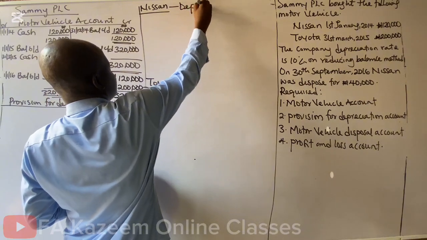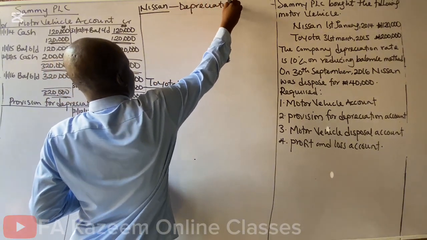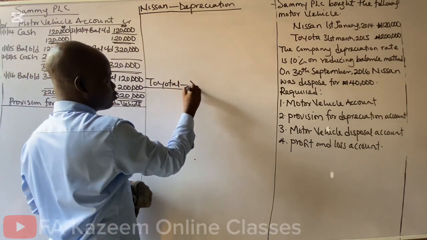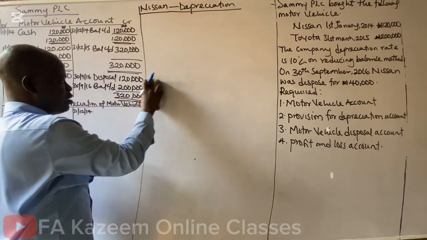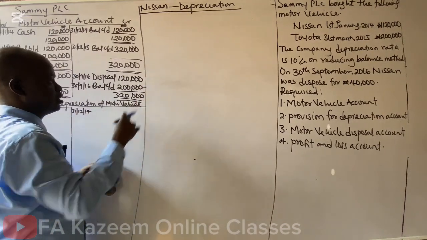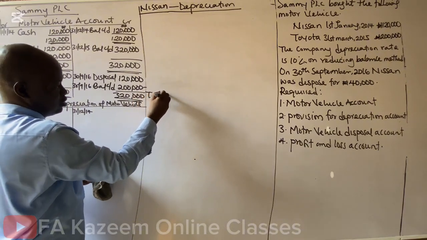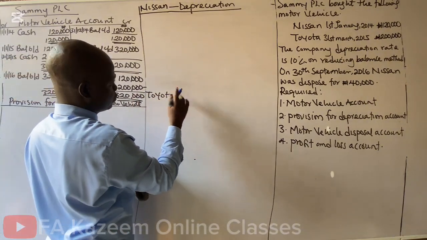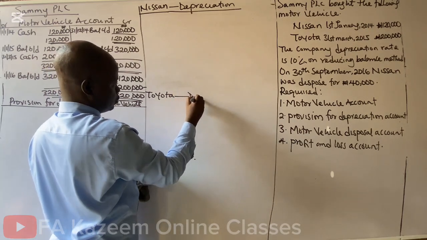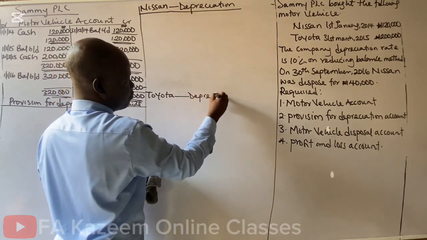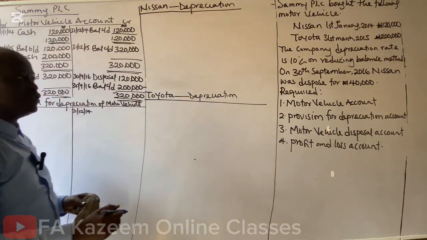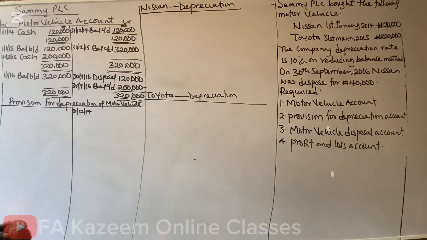We'll calculate depreciation for Nissan and also calculate, let's bring it downward, depreciation for Toyota because they have two vehicles. If it's three, you calculate. Mind you, they are using reducing balance method.